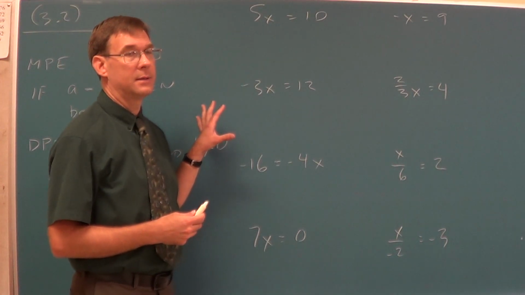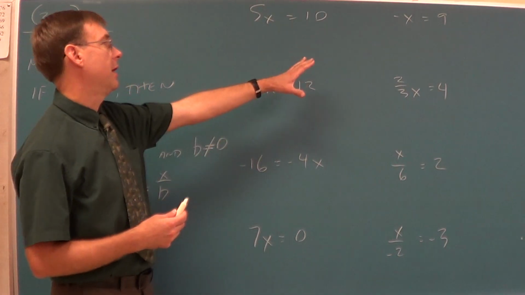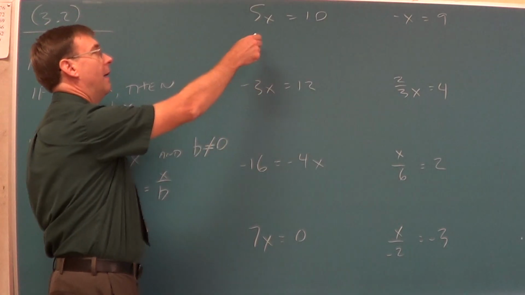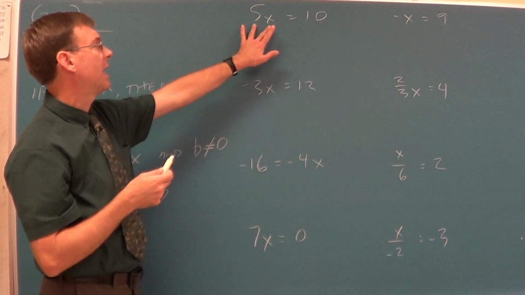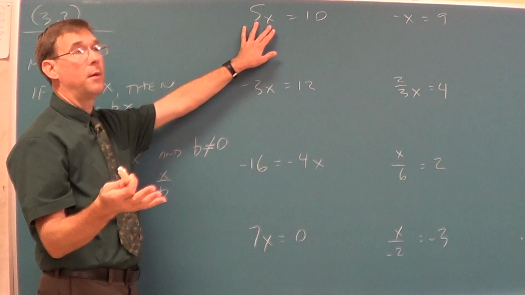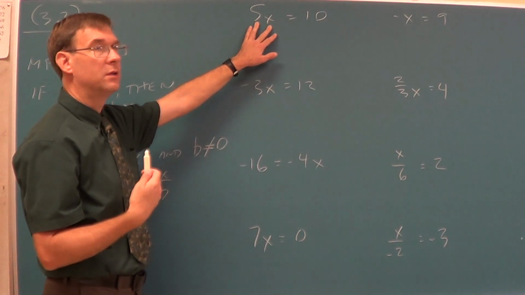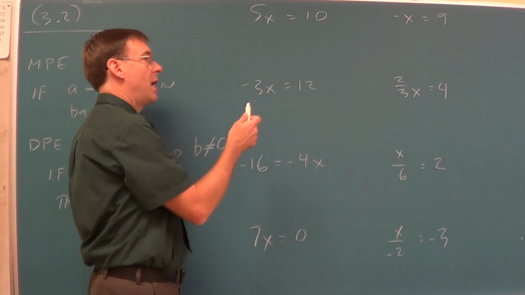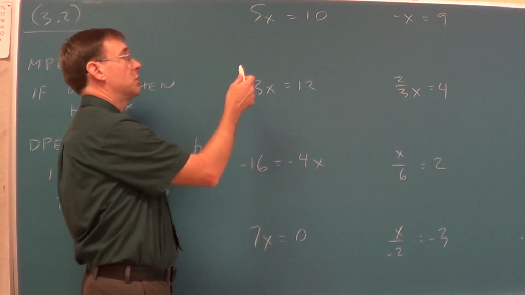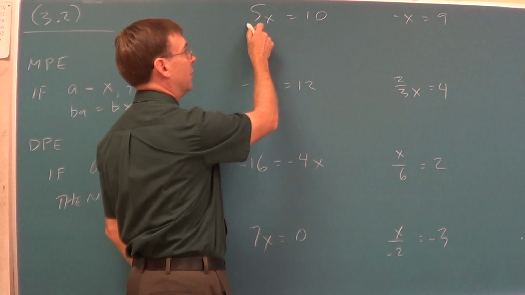Question behind the scenes? So then here's in front of the scenes. When the number's next to the variable, that means they're multiplied. So our job's going to be to divide. And the most frequent way now that you've entered your algebra career to show division is with a fraction bar.